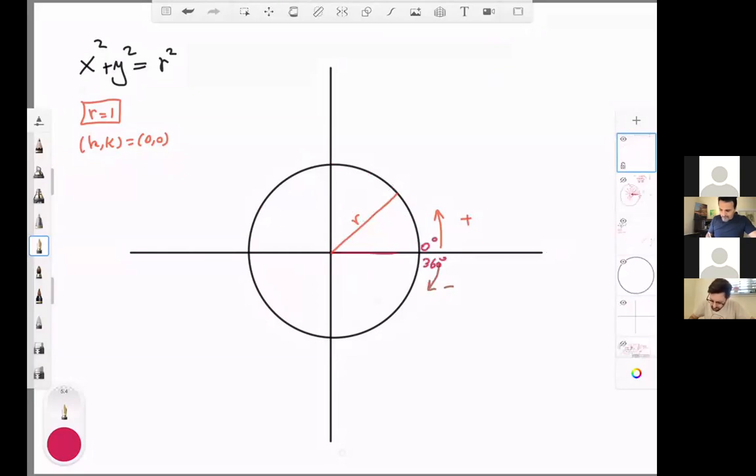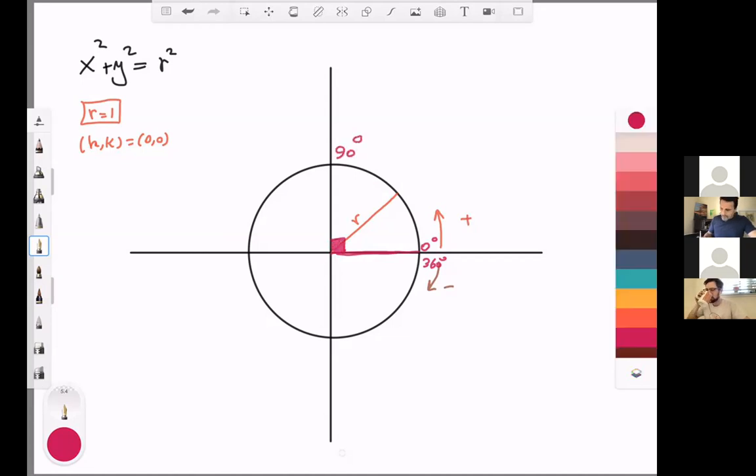You know 0 is here, correct? 360, we got one revolution. How big is this one? 90, right? 90 degrees. How big is this one, the orange one? 180. Excellent, 180. So from here to there, the orange one gives us 180 degrees.